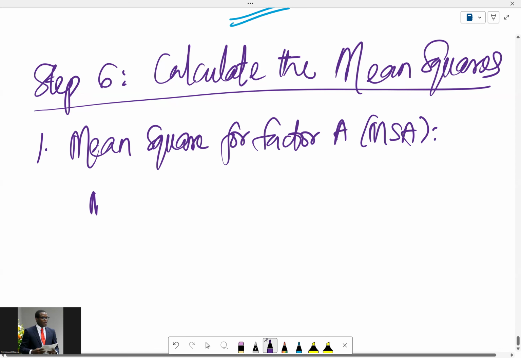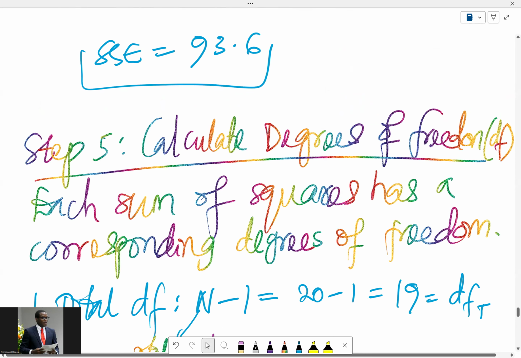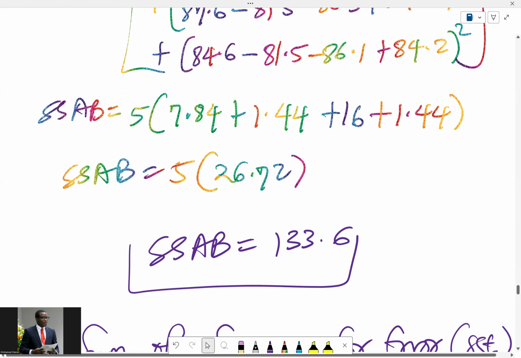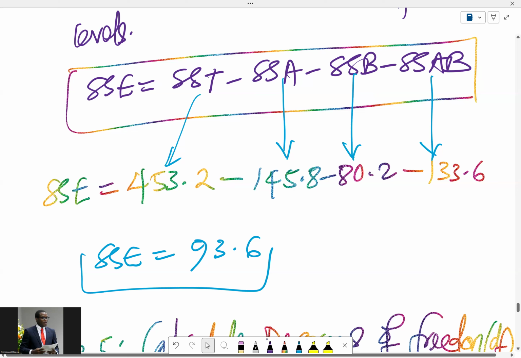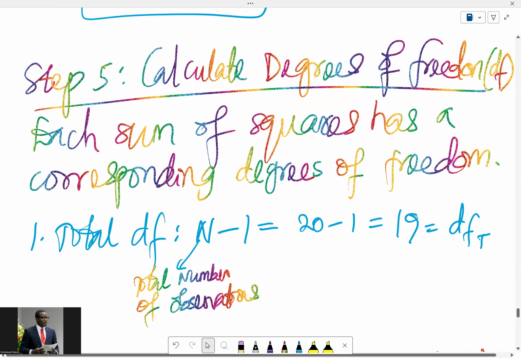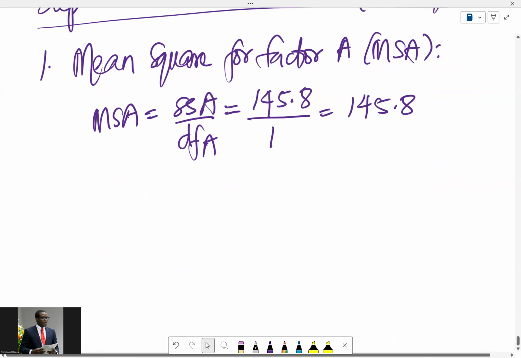That's simply given as MSA equals sum of squares for A divided by degree of freedom for A. The sum of squares for A that I got, I think we can extract from here, is 145.8. And the degree of freedom for A is simply 1. That means we have 145.8 settled.